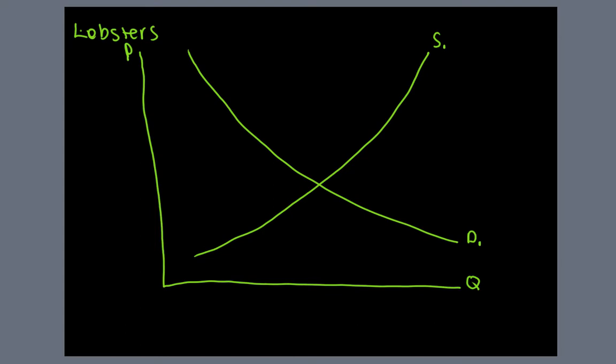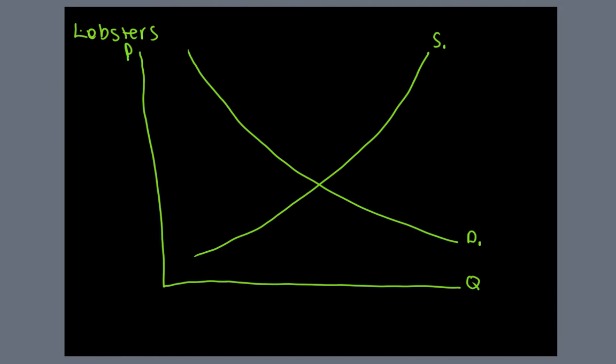So you get this counterintuitive result, which is that at a time when people are demanding a lot of lobster, the prices of lobster actually fall. Remember, our supply and demand model typically shows us that if the demand for something increases, then the price of that thing should increase. But before we start graphing, let's think about the logic of this.